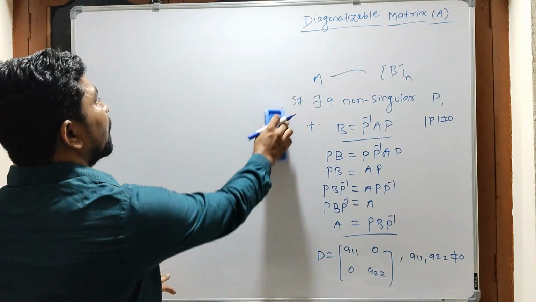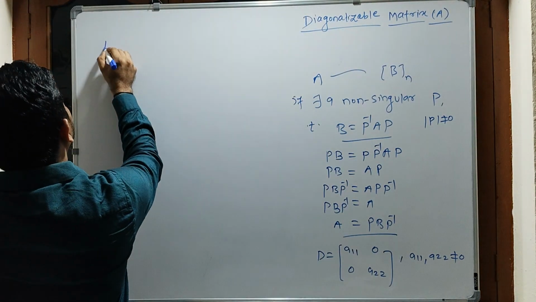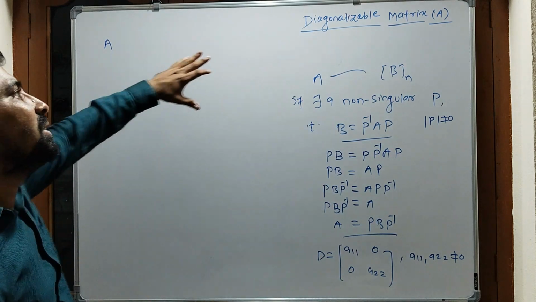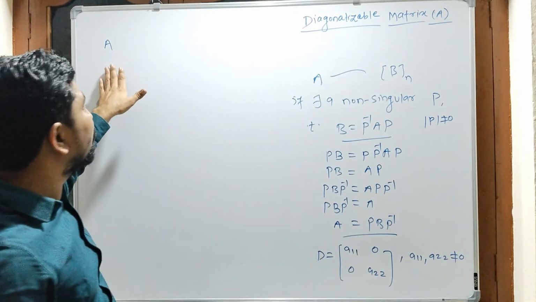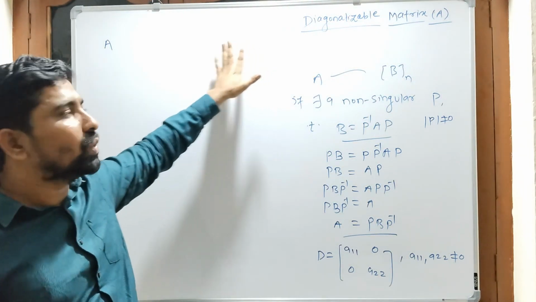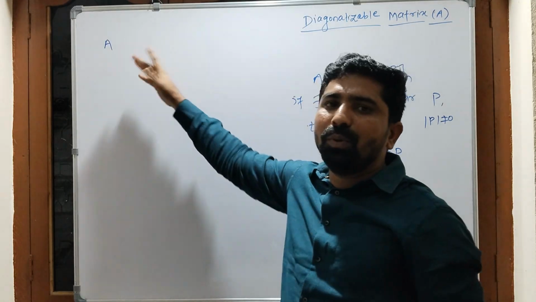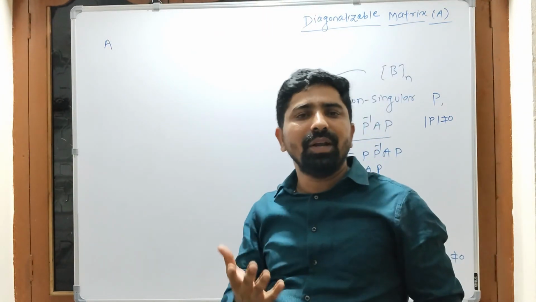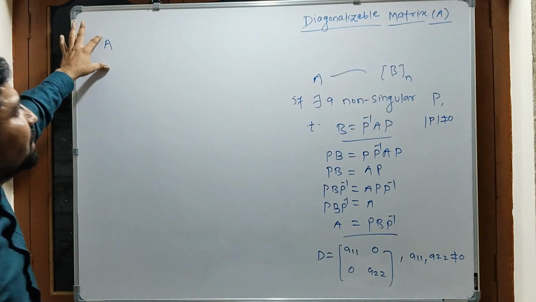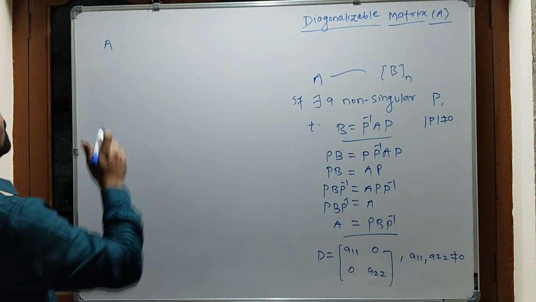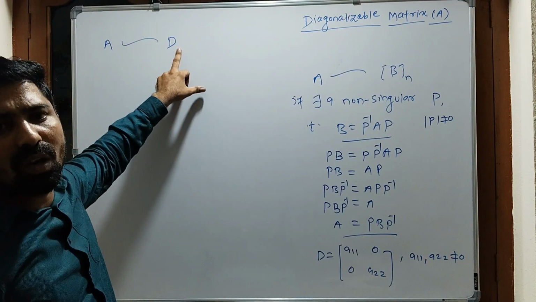Now I want to define what is meant by diagonalizable matrix. Let's say this is the matrix A. The word itself, diagonalizable, means that the matrix is going to become diagonal by some elementary row or some elementary row and elementary column operations. If A is diagonalizable, then A is similar to some matrix D, where D is a diagonal matrix.